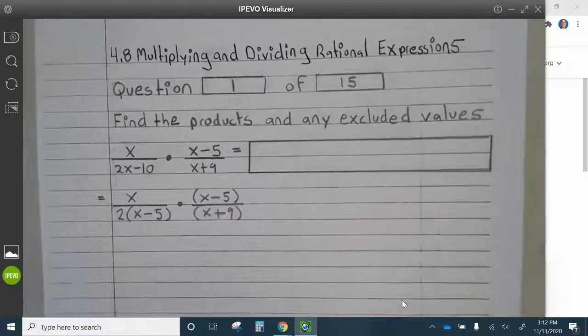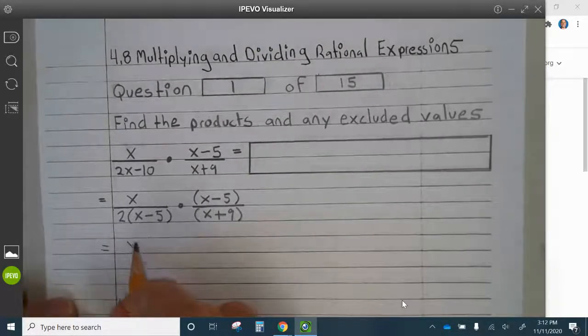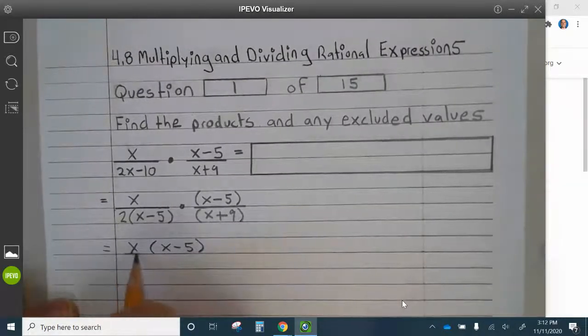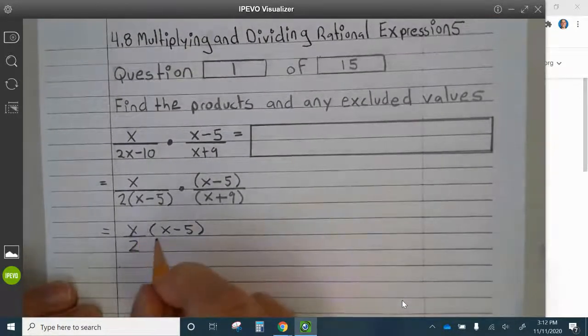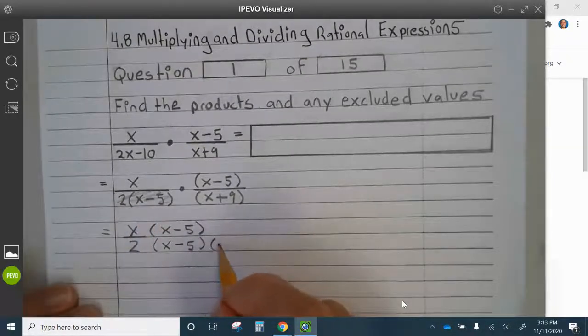Now we want to reorder so we can divide any special ones out. So let's just write the numerator as is. But now we can put the 2 underneath the x. We can put the x minus 5 underneath the x minus 5. So we're done with these. And then the x plus 9.